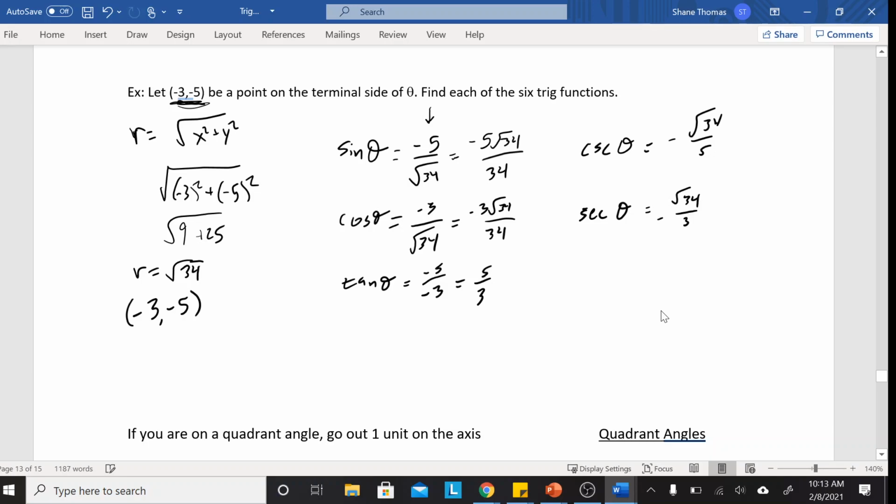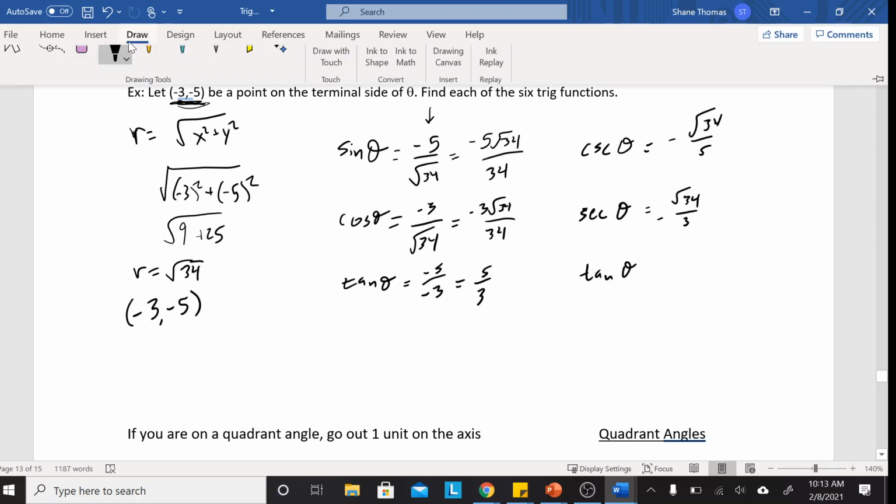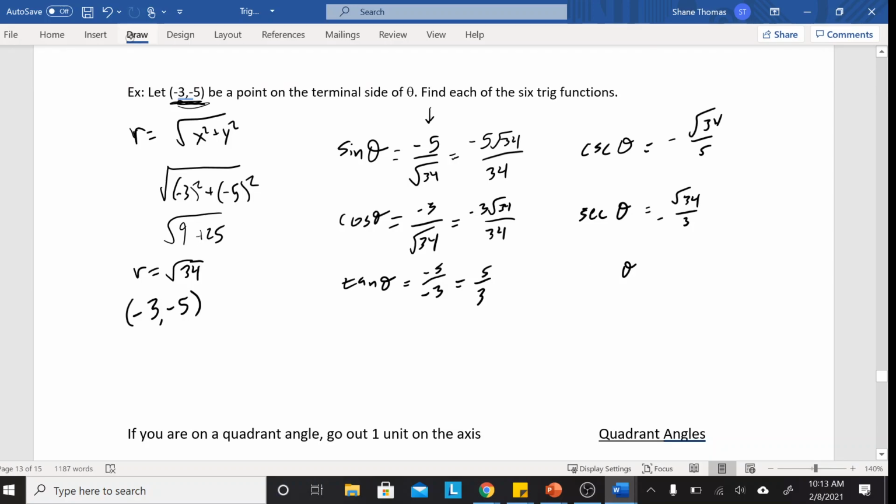And cotangent is going to be that guy flipped. So it's going to be -3 over -5, which is just 3/5. So all I did was use that point, and I found my radius, and I just plugged those values in for the trig functions by definition.